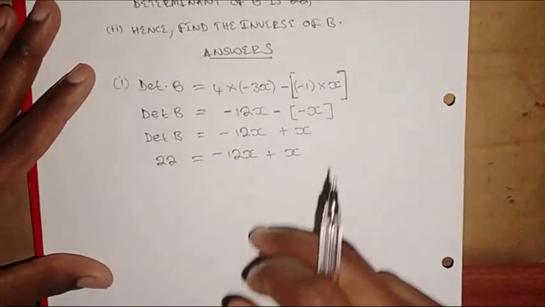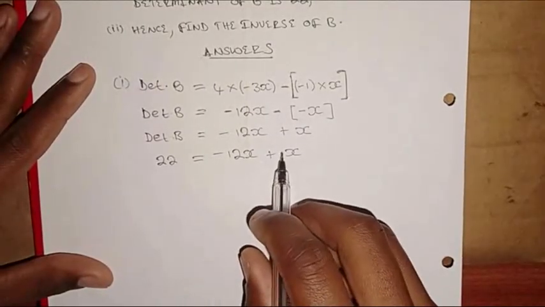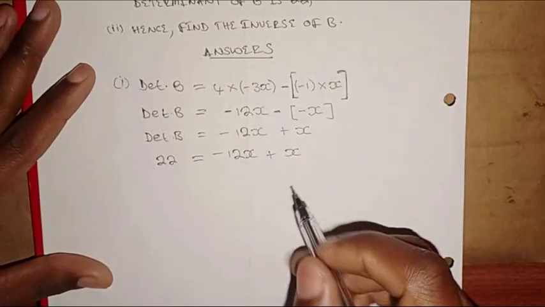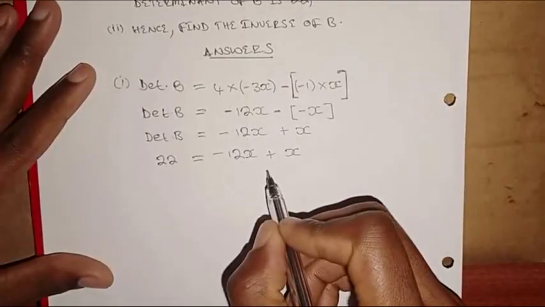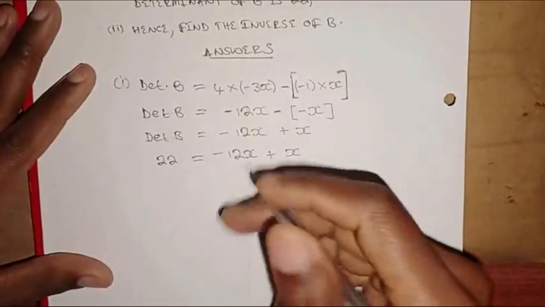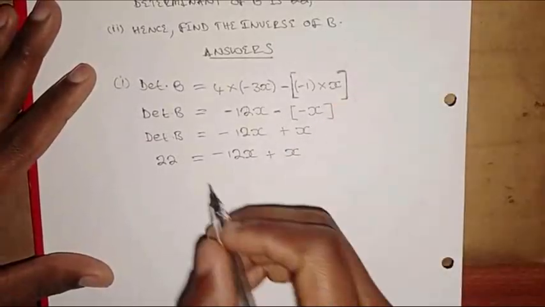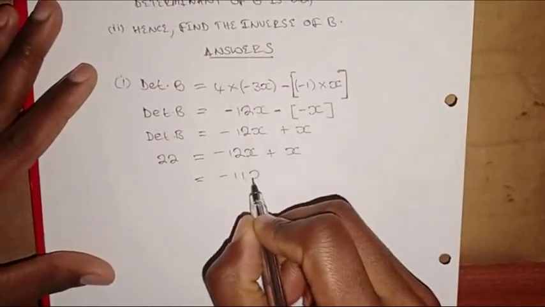For this case, it's a positive 1. So it's like saying negative 12 plus 1, that's going to be negative 11. Because we're adding a positive number to a negative, so that negative reduces. From negative 12 it will become negative 11. So it's going to be negative 11x.